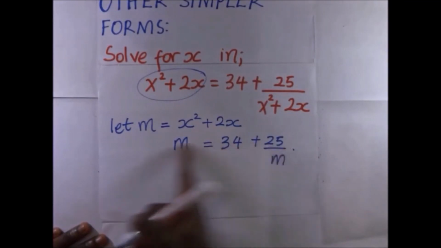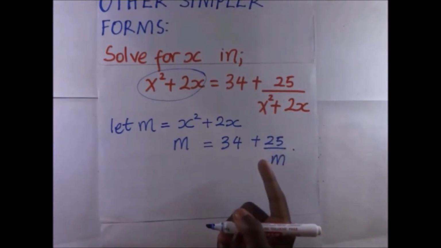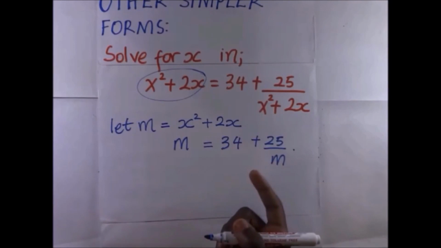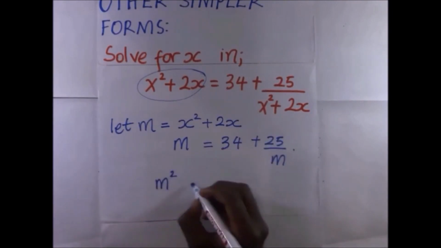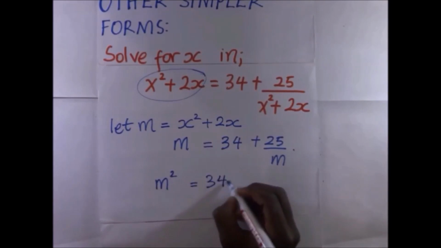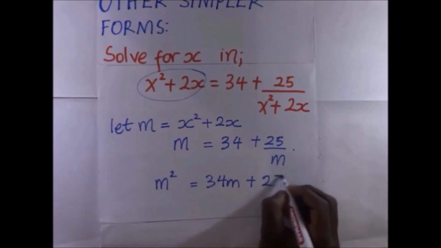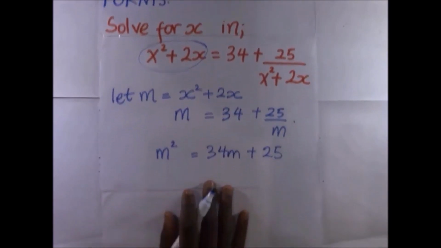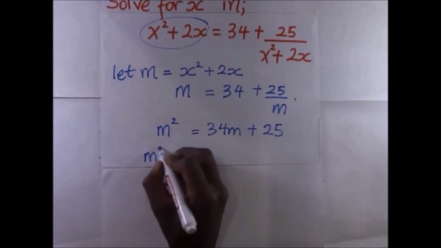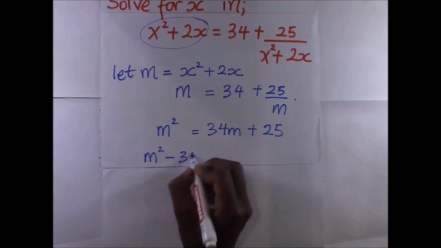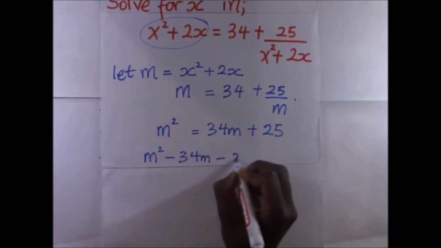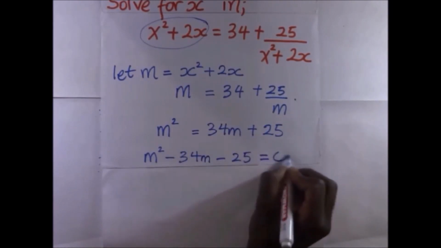So we multiply through by m to make this a flat equation, and then we work towards solving for the value of m. When we multiply by m throughout, it becomes m squared is equal to 34m plus 25. This comes that way and that comes that way. It becomes m squared minus 34m minus 25 equals 0.